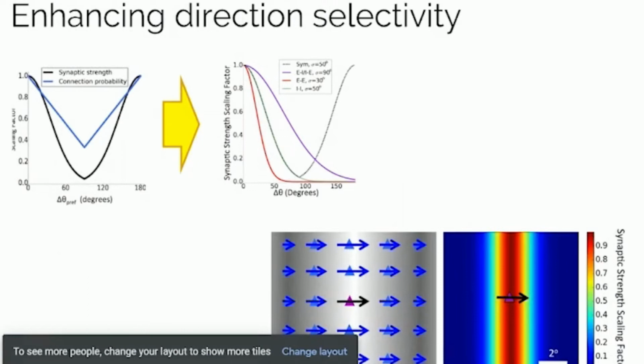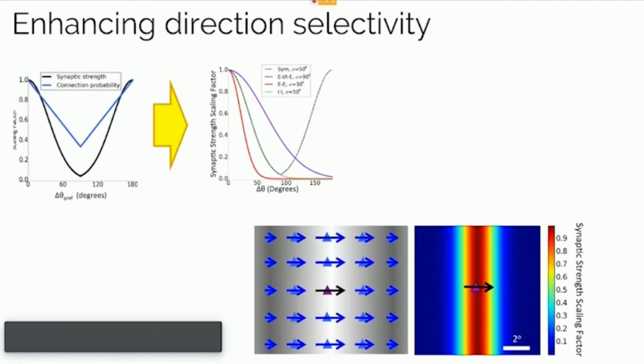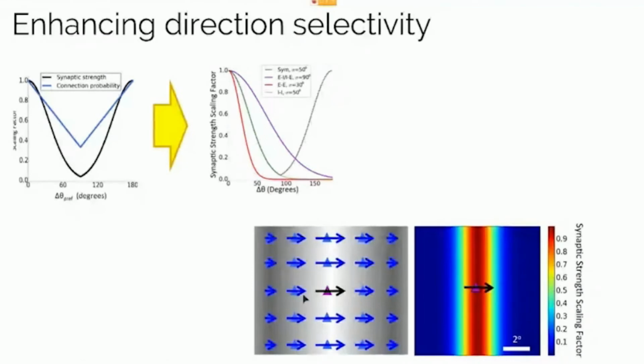This last rule is illustrated in the bottom two panels here, where we see a schematic of neurons preferring a 0-degree direction as they respond to a 0-degree drifting grating that is shown in the background. Arrow lengths are proportional to phase overlap with the center purple neuron, and the right panel then shows that stronger weights are assigned to neurons that are phase matched with this particular neuron.